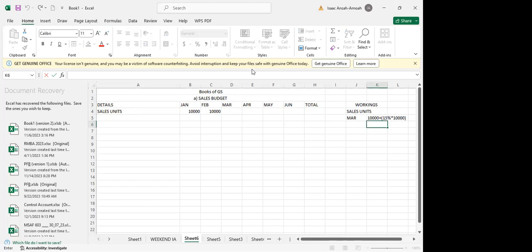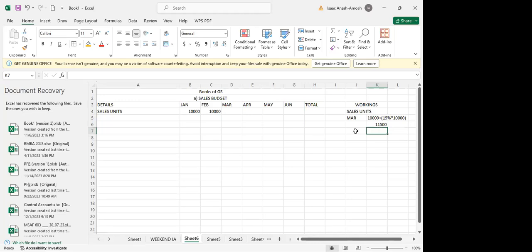Someone else can say that, well, going through all this is a bit difficult. Why can't we do 1.15 times 10,000? And then that gives us a very straightforward answer, which is 11,500, right?